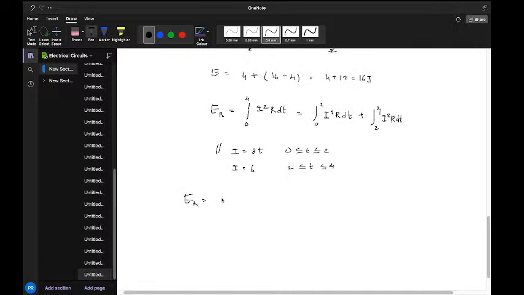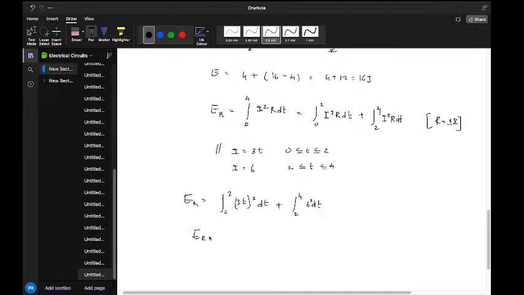So E of R is just going to be the integral from 0 to 2, and I squared is (3t) squared. The value of resistance here, R, is 1 ohm. So it's (3t) the whole squared times dt, plus the integral from 2 to 4 of 6 squared dt.